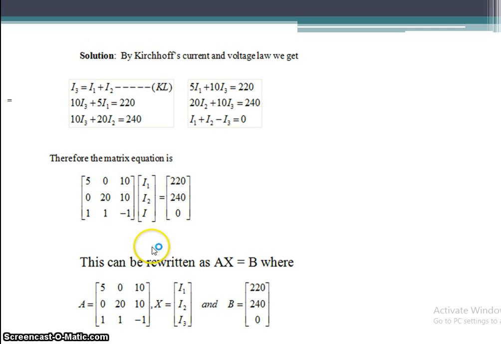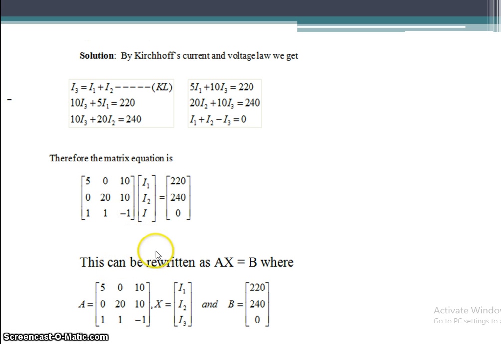Just multiply this: 5I1 plus 0I2 plus 10I3 equal to 220. Second one is 0I1 plus 20I2 plus 10I3 equal to 240. Then I1 plus I2 minus I3 equal to 0. So this is the equation form, and this is the matrix form.